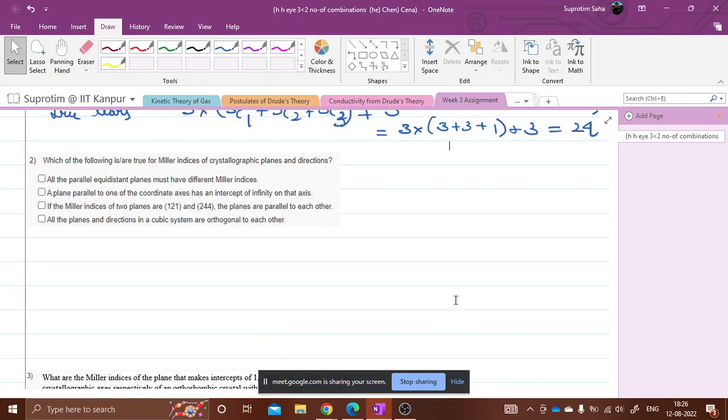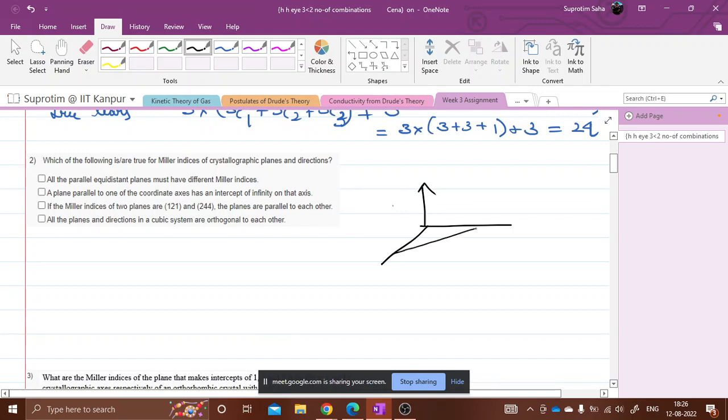A plane parallel to one of the coordinate axes has an intercept of infinity on that axis. So this is true because if you draw your coordinate axes, if this is the case, some plane that is parallel to the z axis will give you this.